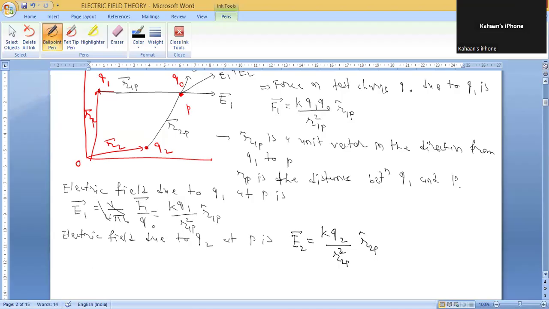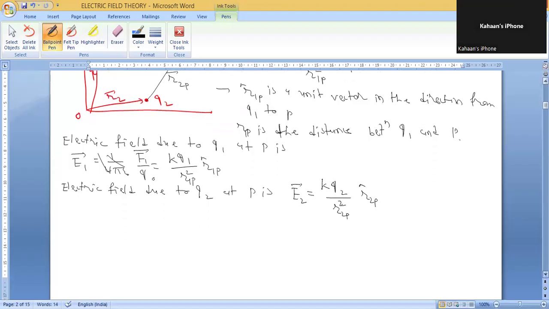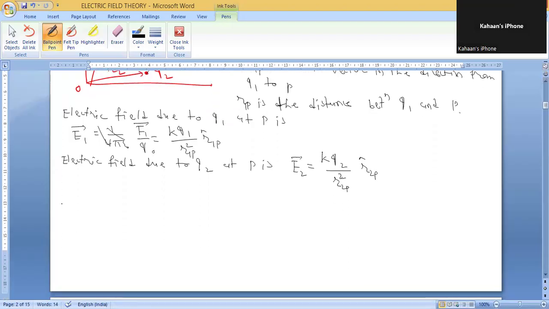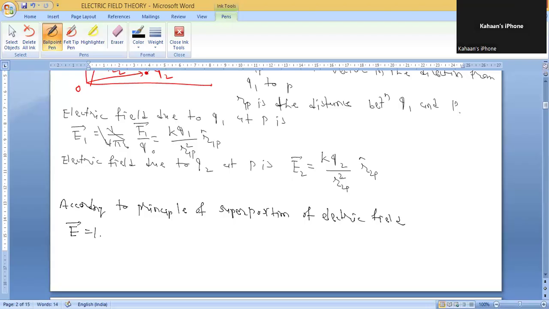Now, according to the principle of superposition of electric field, the resultant electric field E is equal to E1 plus E2.